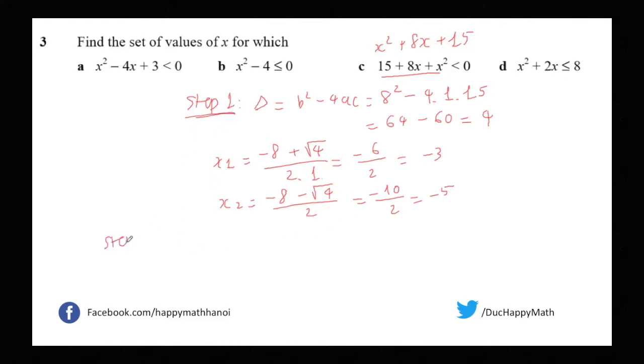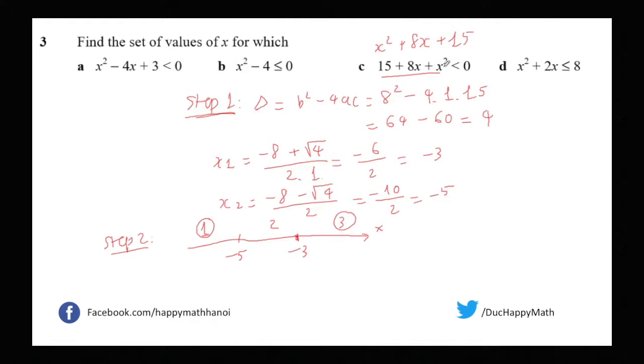Step 2, draw the x-axis and arrange the values of x. Because the two values of x are minus 3 and minus 5, minus 5 will be here and minus 3 will be here. And you have three parts, part 1, part 2, and part 3. The sign of part 1 and part 3 will be the same as the value of a.